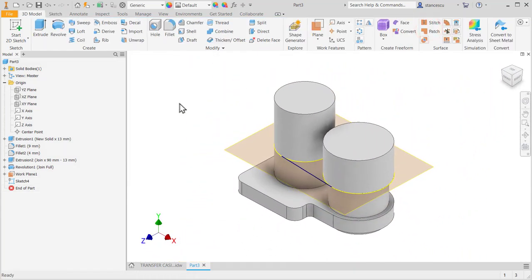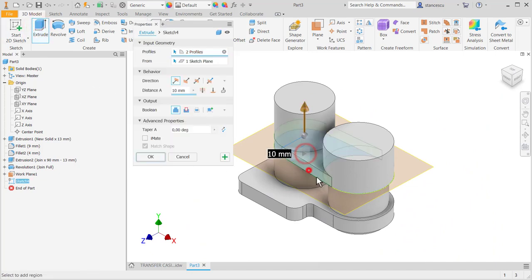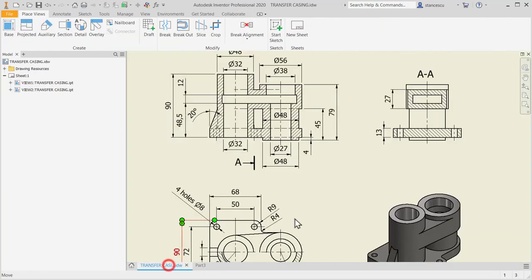Finish sketch, extrude all three with join, the other direction of 27. Okay, 27 is here.